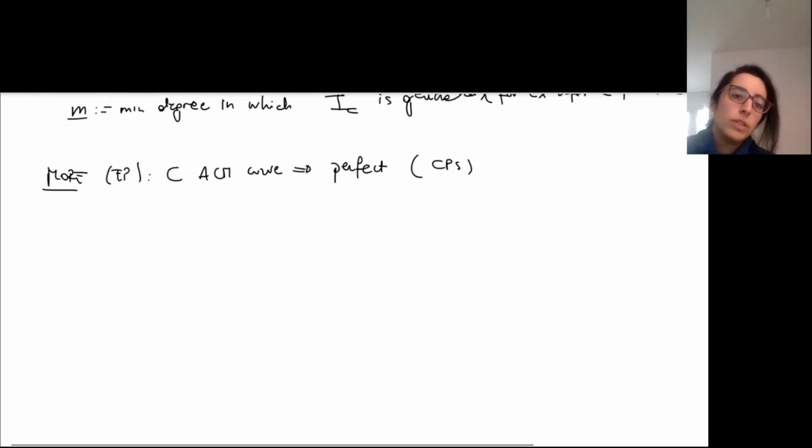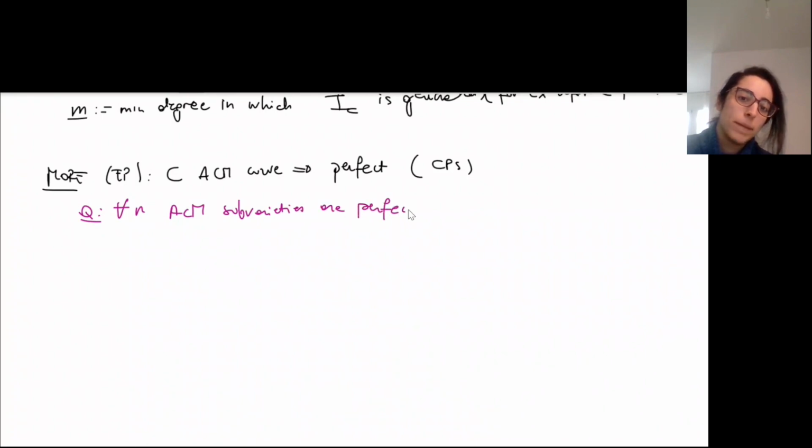So it's still an open question whether, for every n, ACM subvarieties are perfect. And we don't know the answer, because unfortunately we cannot use this again. And we found, as I said before, counterexamples, just in explicit examples.